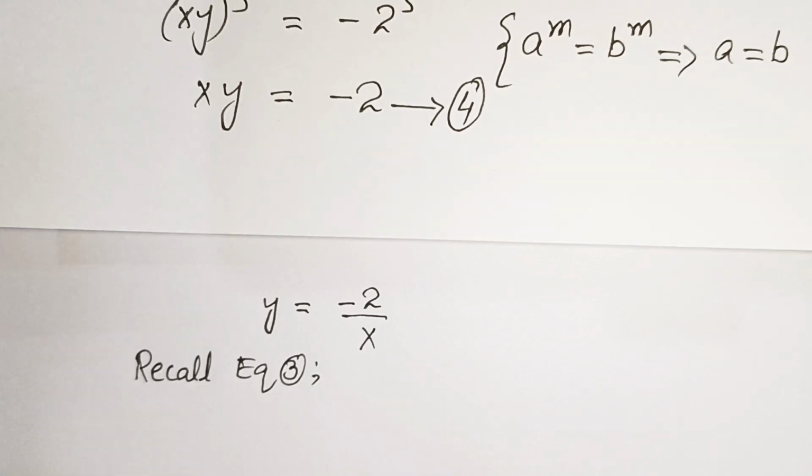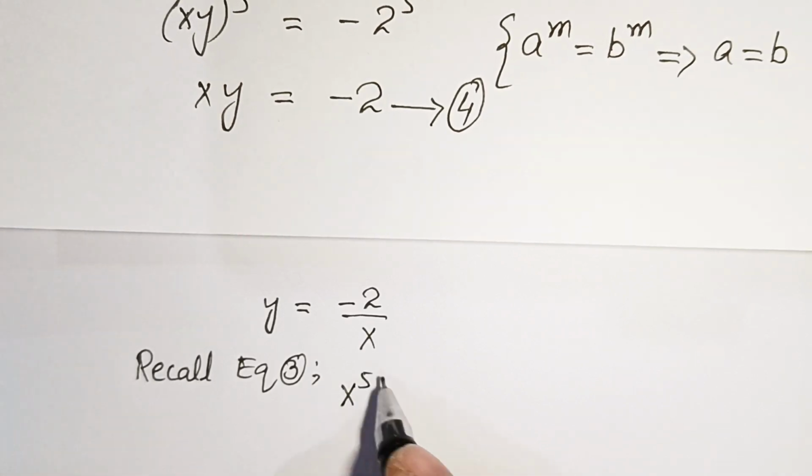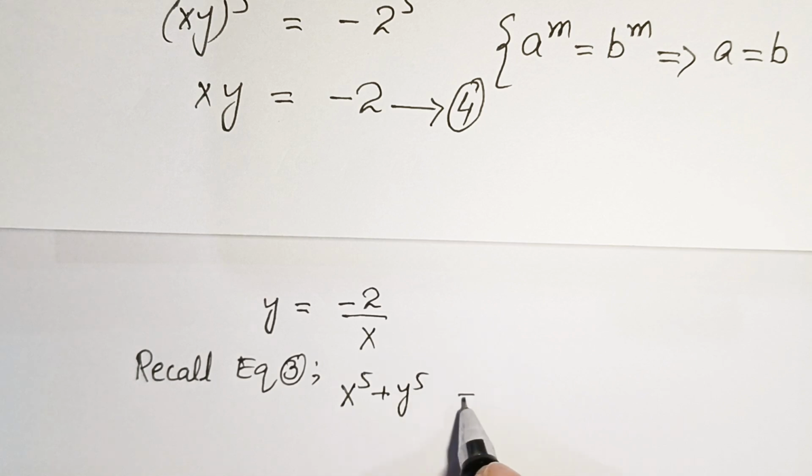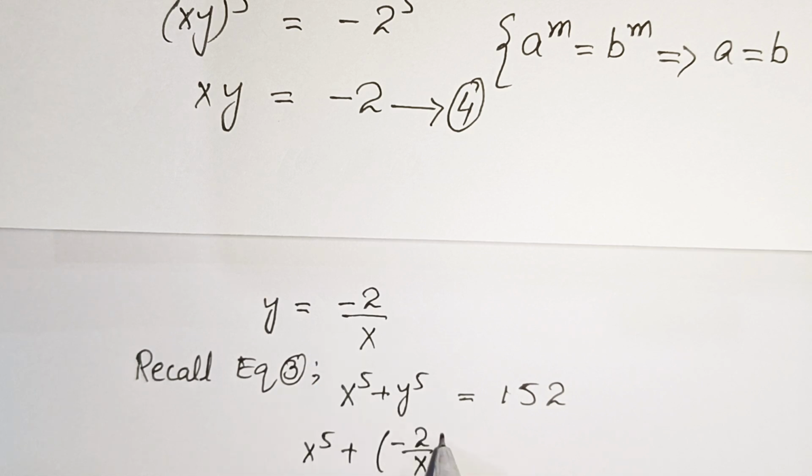So x to the power 5 plus y to the power 5 will be x to the power 5 plus minus 2 over x whole to the power 5 is equal to 152.